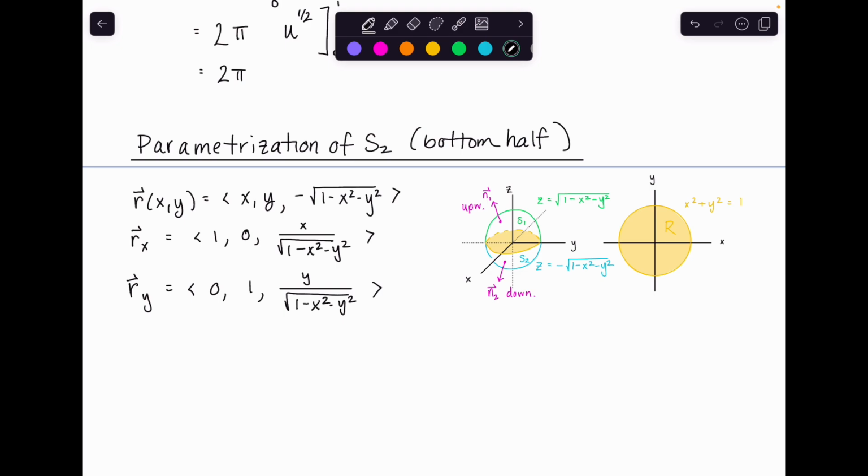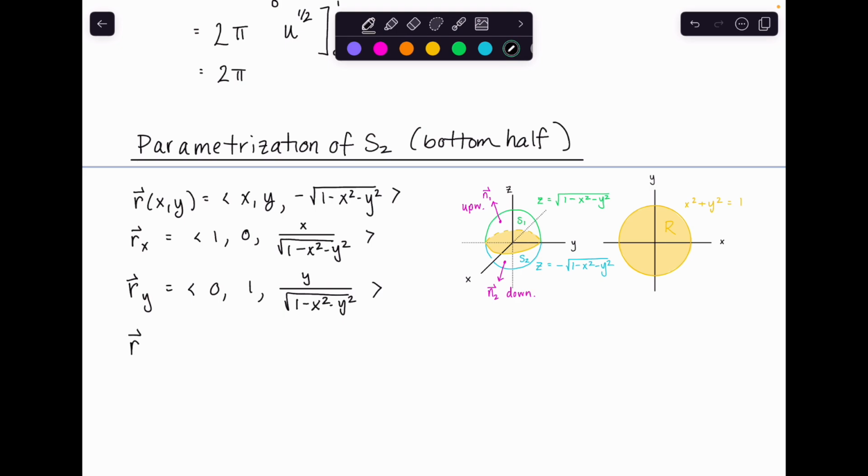Now I need to find that normal vector, and it needs to match the outward orientation. So on the bottom half of the sphere, for outward orientation, my z component should be negative because they have to point downwards.